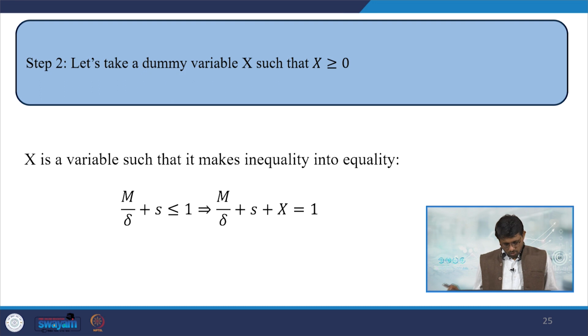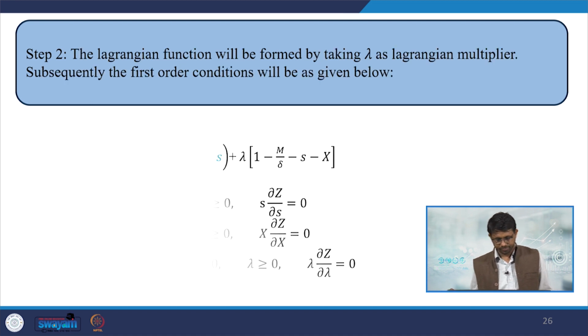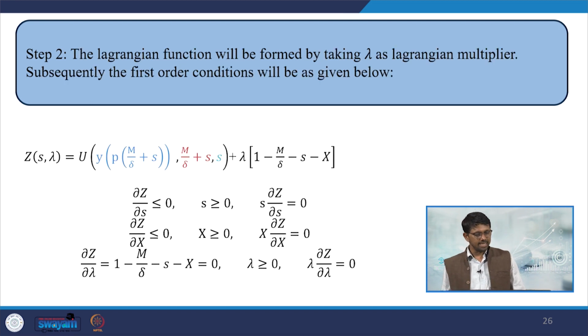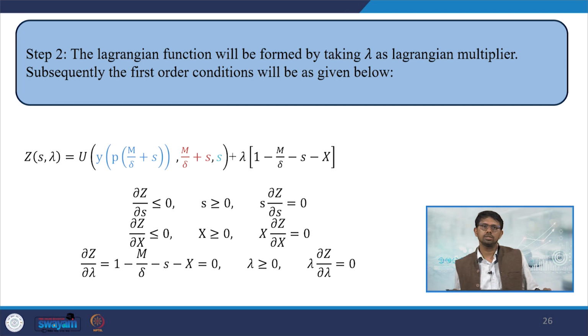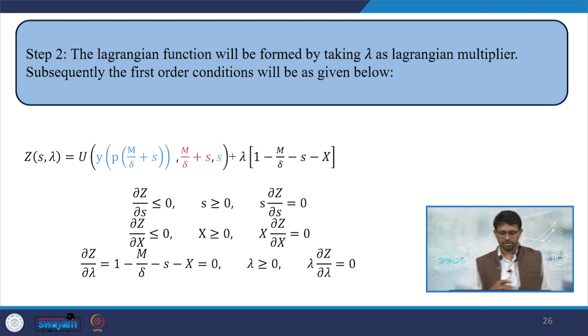Since we know that there are inequalities and hence it is less than 1, we are just introducing x here so that we might find an equality equation. So, we will present all sort of things, then once equality is identified, the Lagrangian function will be formed by taking lambda as a Lagrangian multiplier. Subsequently, the first order conditions will be given as below.